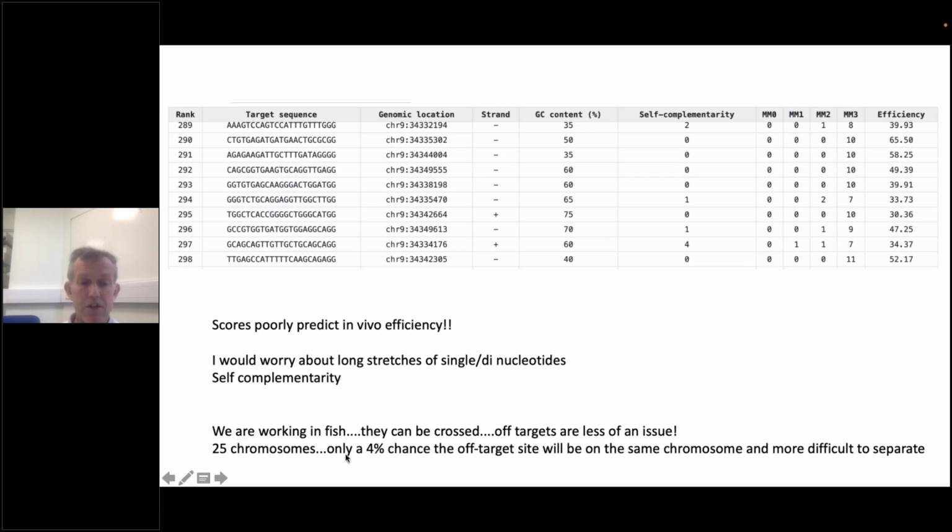So that means there's only a 4% chance that any of these off-target sites you see over here will actually be on the same chromosome as where you want to place your mutation. And that would mean that it would be more difficult to separate. So in most cases, it's very easy to get rid of any off-target mutations that you might have induced in your fish after applying the CRISPR-Cas9.